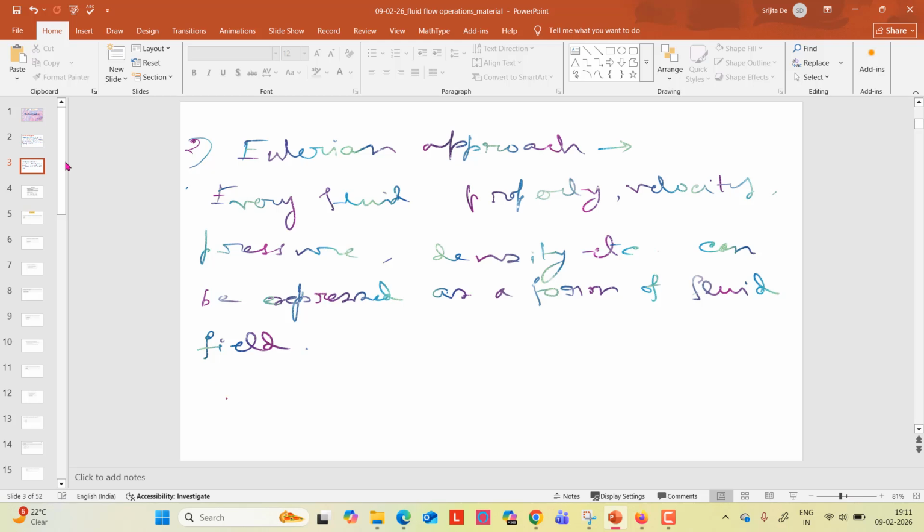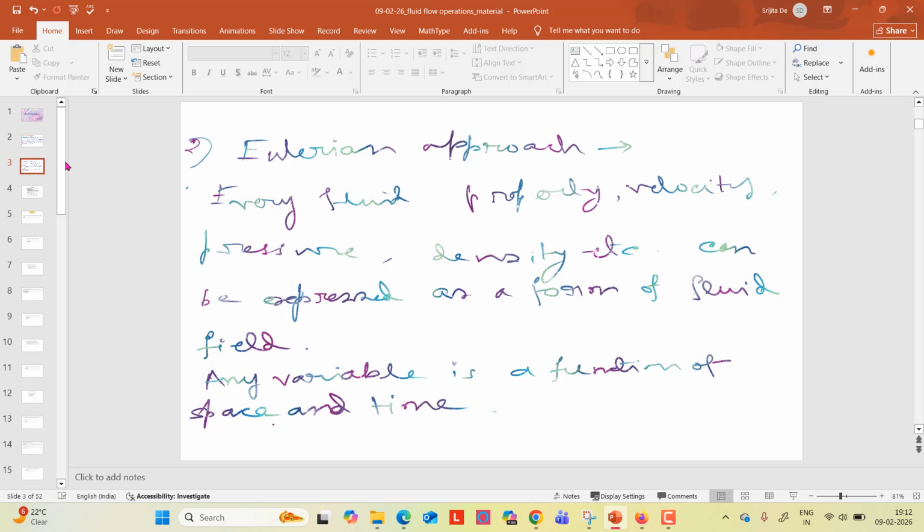So that means every variable is a function of space and time. Like suppose velocity.